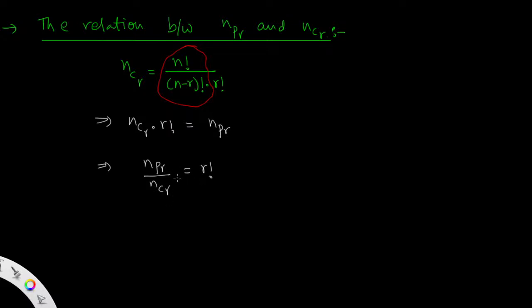nPr by r factorial equal to nCr. This is the relation between the terms: nCr into r factorial is nPr. From this, nPr by nCr we can write r factorial, or nPr by r factorial equal to nCr.